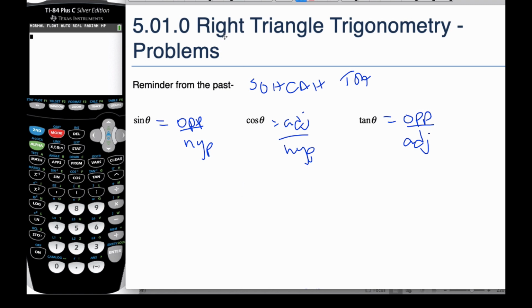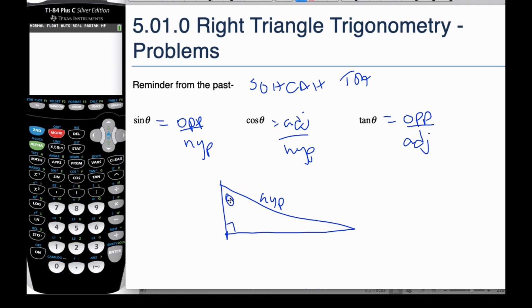And so if we take a triangle, a right triangle, and I call this angle theta, from theta I always know that this is the hypotenuse. That is fixed, that never changes.